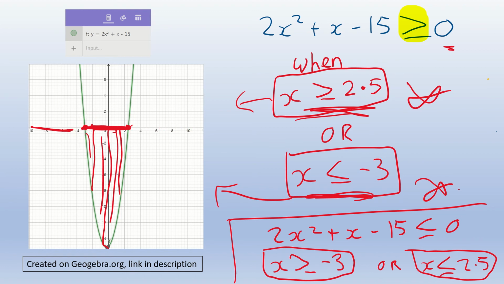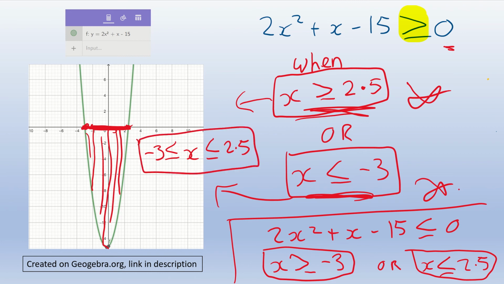Seeing as I have just one straight line of values for which my graph is below the x-axis, I could rewrite that as x is less than or equal to 2.5 and greater than or equal to minus 3. I could put it all as 1. But again, this thing right here and these two things right here are the exact same thing.